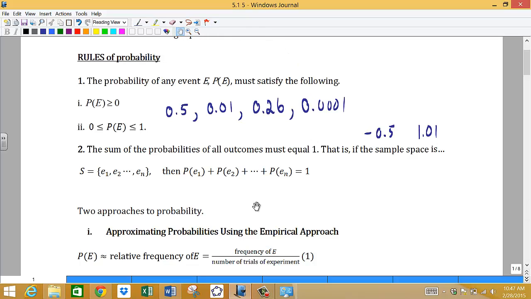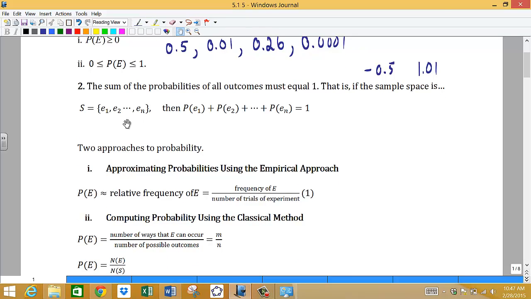The other thing we must know is that the sum of the probabilities must add up to 1. So just to give you a simple example, let's say you toss a coin, the sample space of course would be heads or tails. And so then this is kind of like E1 and then this is E2.